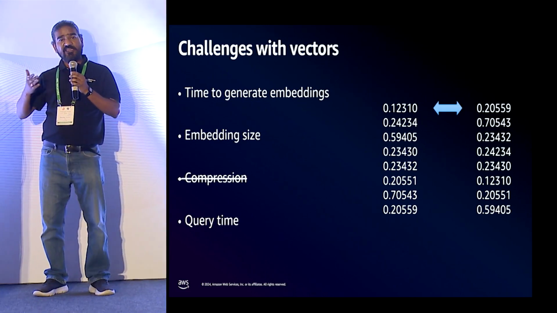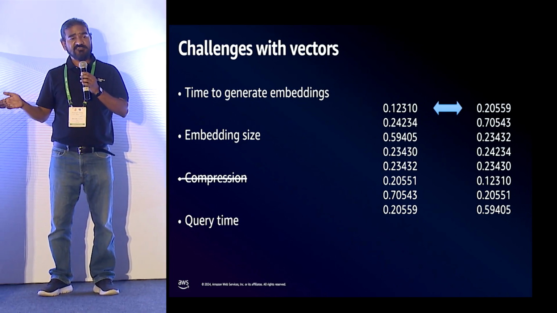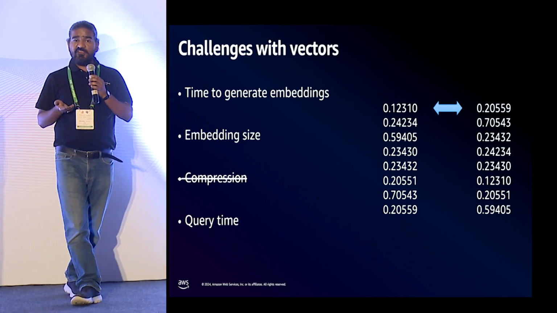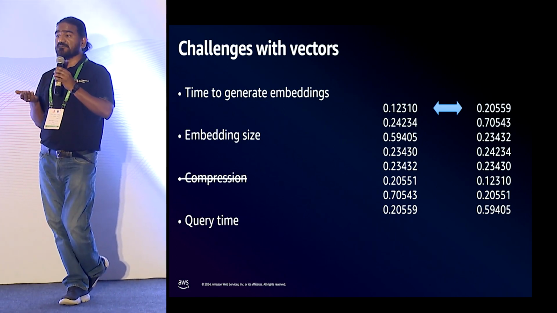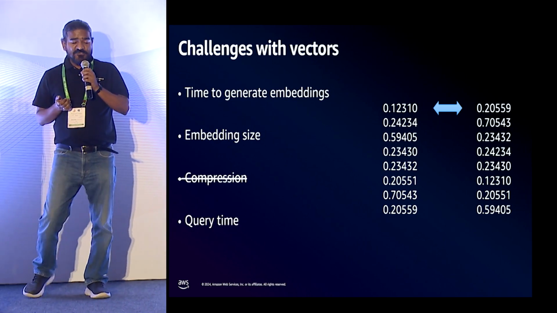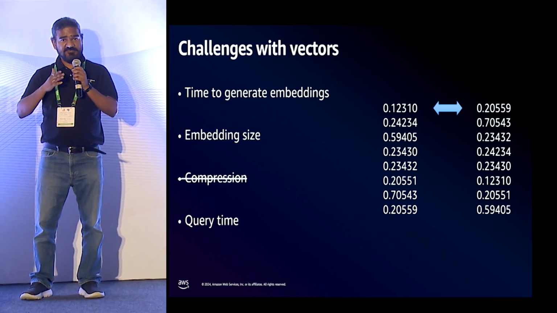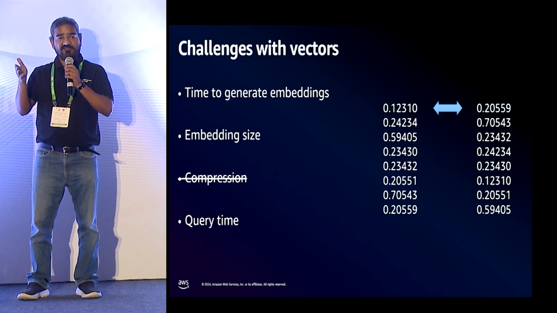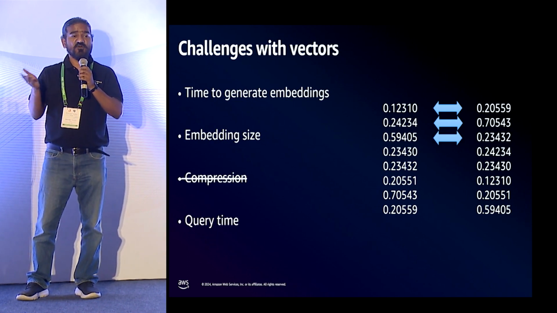Now, we have created the embedding and we have our indexes. Now we have to query and find out what similar vectors or similar embeddings are out there. We can do vector to vector comparison. This is called the distance operation.